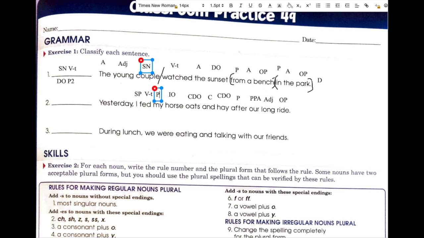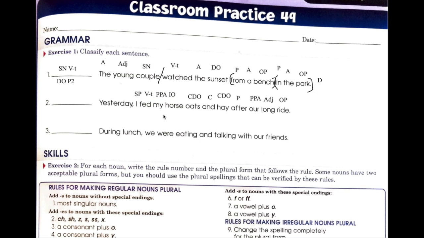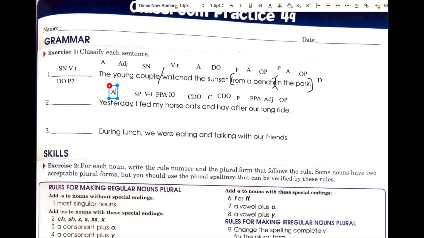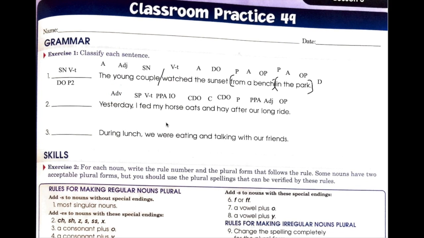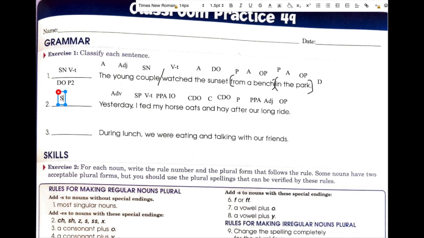It's showing ownership. It's describing. It's a possessive pronoun, adjective. Fed when? Yesterday. If we're answering when, we know it's an adverb. This is subject noun, verb, transitive, indirect object, direct object, pattern 3.